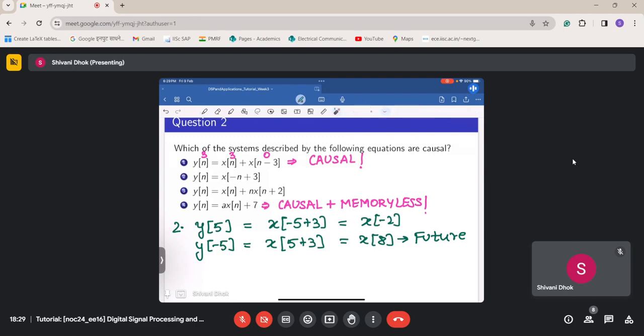It might happen that there is no future dependency for some particular value of n, but there might be future dependency for other values of n. So this thing should be satisfied for all values of n, and this is not happening for this particular system. That's why this is non-causal.